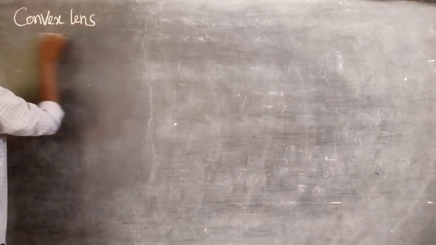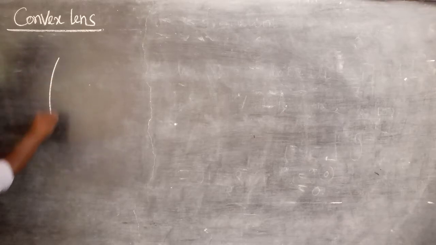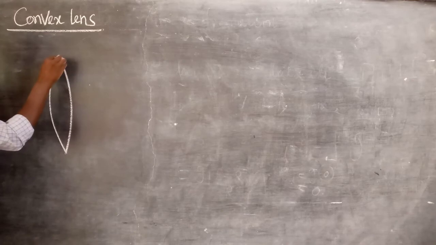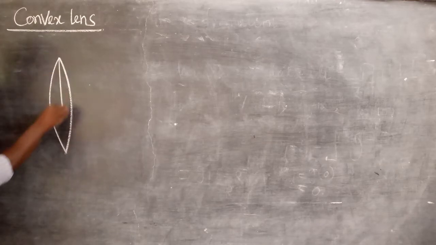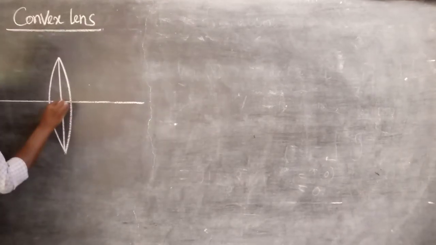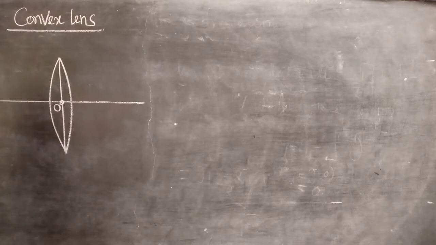Convex lens. Always we can say the equiconvex lens here. It is the optic center, the lens center part, because we know that a lens is a transparent material bounded by two refracting surfaces.